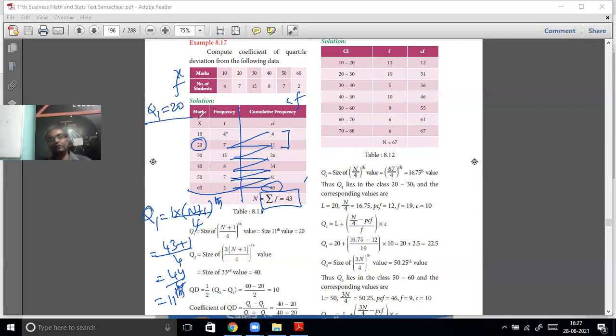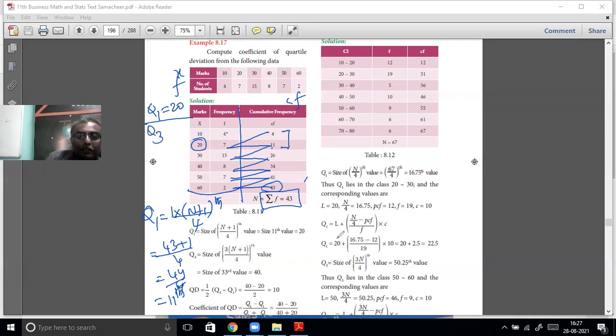You already found out how to find Q1 for point data with frequency distribution. The same method you have to adapt here. Only now you are doing it for finding the quartile deviation. Then you have to find Q3.